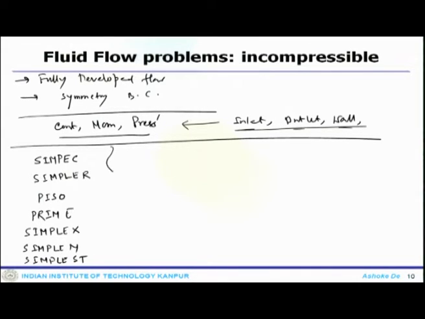So, these are different variants of the SIMPLE algorithm, but the underlying algorithm remains the SIMPLE algorithm, and some sort of a modification is done while doing those calculations of the iterative process.